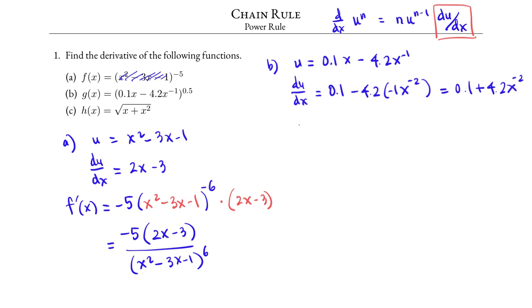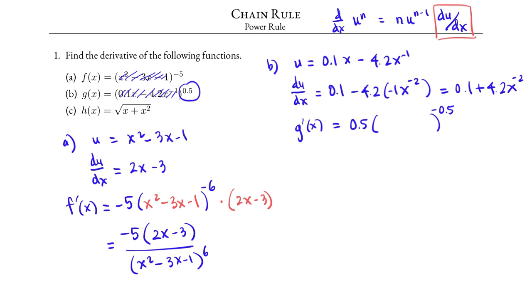And now g prime of x is, again, we treat this as one whole block raised to the power 0.5. Using the power rule, we have 0.5, rewrite the block, and lower the power by 1. 0.5 minus 1 is -0.5.